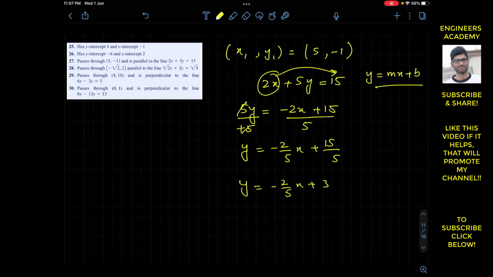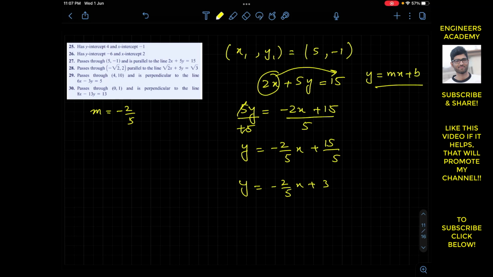So now we want to find the equation of the line which passes through this point and which is parallel to this line. The line which we want to determine will have the slope equal to -2/5, and the line passes through this particular point.